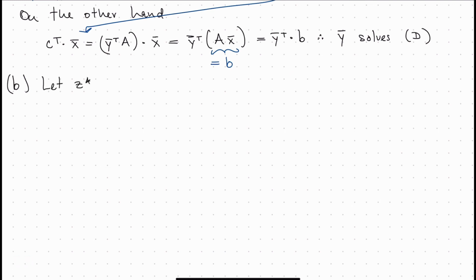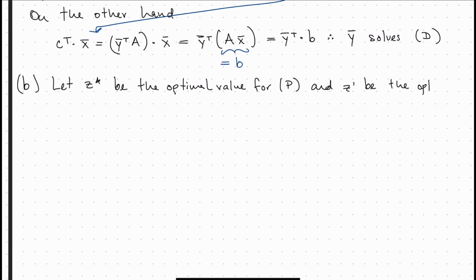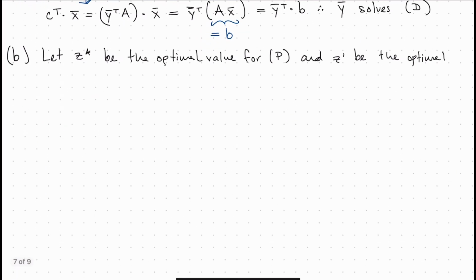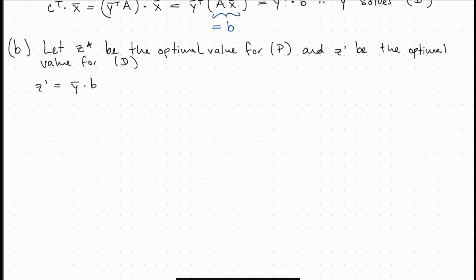So let c star be the optimal value for the primal, and c tilde be the optimal value for the dual, D. Then c tilde must be y bar dot product b.